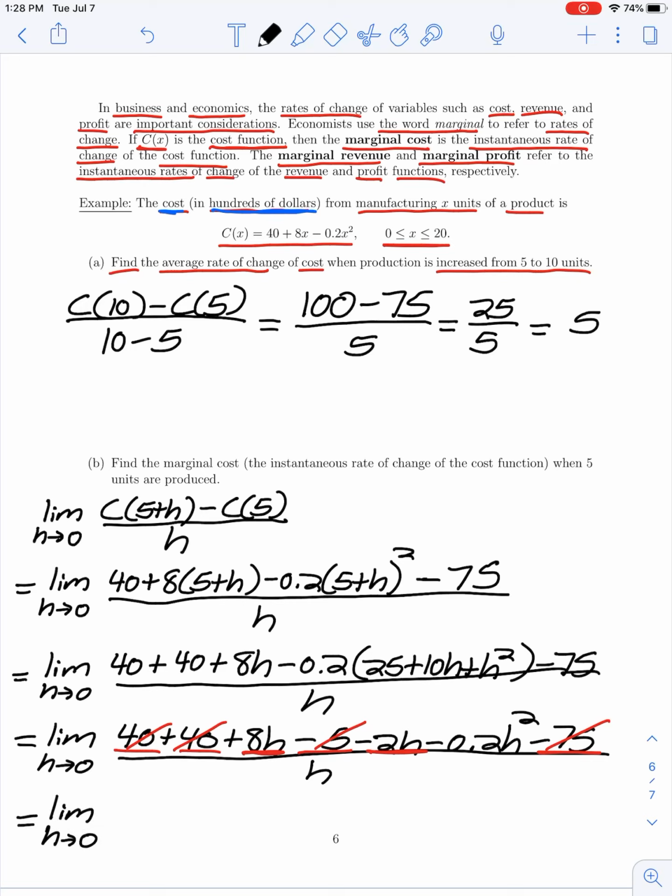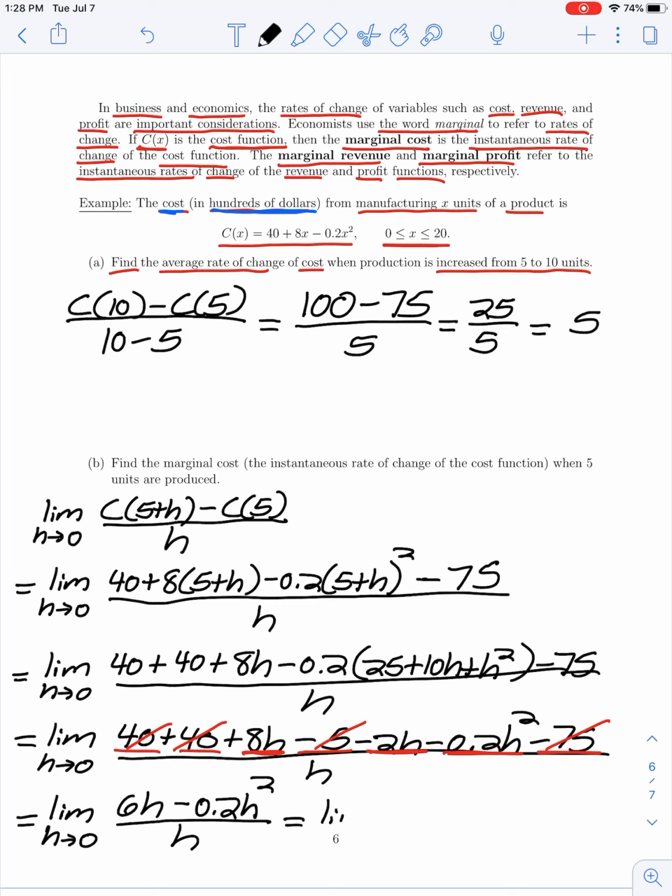So we have the limit as h approaches 0. In the numerator, we now have 6h, and then minus our 0.2h squared. And then the whole thing is being divided by h.